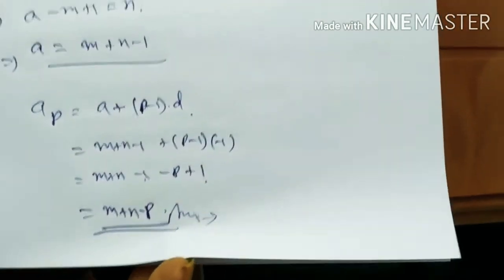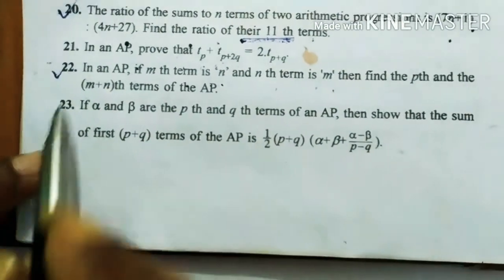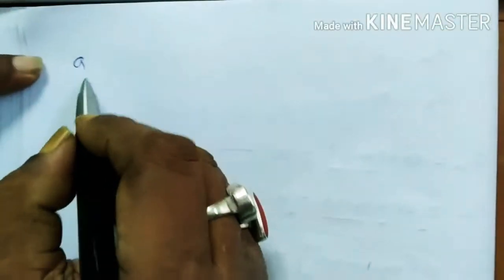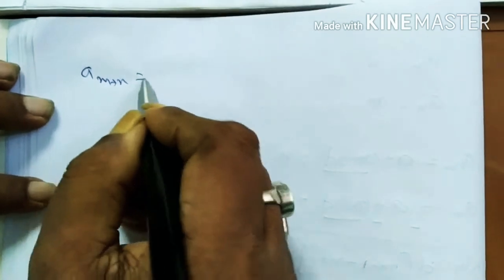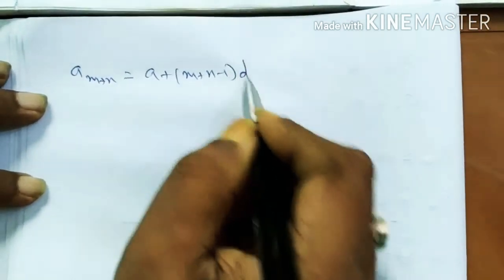Now there is one more question in the same problem. We have to find the (m+n)th term. To find it, a(m+n) is equal to a plus (m plus n minus 1)d.